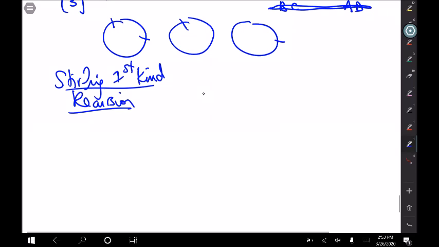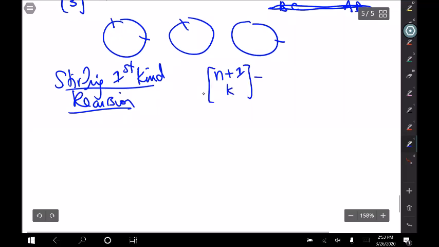Let me tell you what it is and you explain to me where it comes from. n plus 1 objects into k circles, or cycles, sometimes called Stirling cycle numbers. So n plus 1 into k cycles would be n times n into k cycles, plus n objects into k minus 1 cycles.